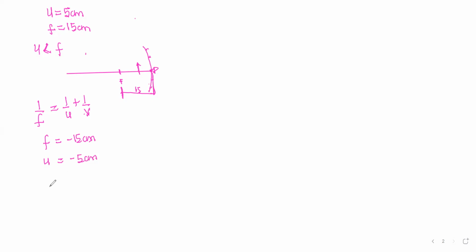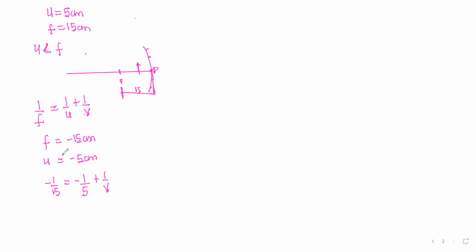So when you substitute your given values, you have negative 1 on 15 is equal to negative 1 on 5 plus 1 on V. It is always good to do it this way, because if you make 1 over V the subject, you have 1 over F minus 1 over U, but U already is negative.